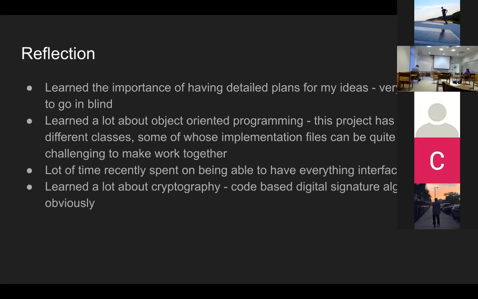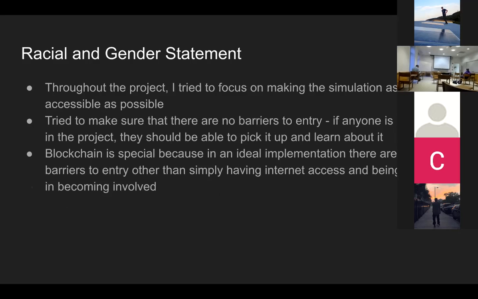And lastly, for the racial and gender statement, throughout the project, I tried to just make the simulation as accessible as possible. I tried to model it in an equitable way. I'm trying to make it so that pretty much anybody can pick it up and figure out what's going on as long as you're interested in the project.